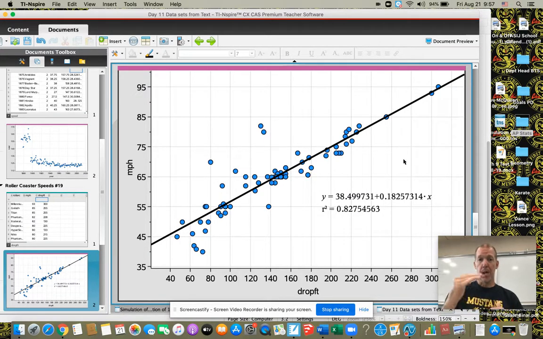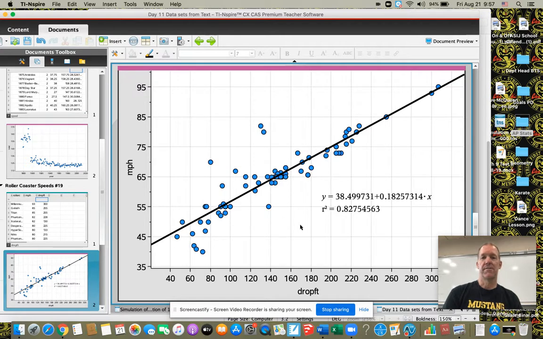For the spread, I can say it has a moderate spread, maybe moderate to strong. I can see that this R squared is 0.82. If I take the square root of that, I'm at 0.9, right? Sorry, 0.9 squared is like 0.8. So that's pretty strong. This has a moderate to strong correlation going on.